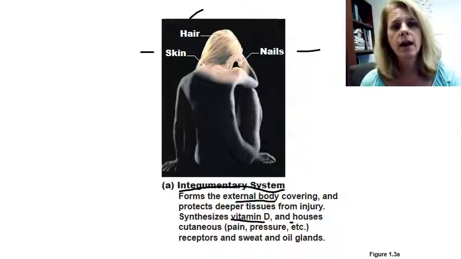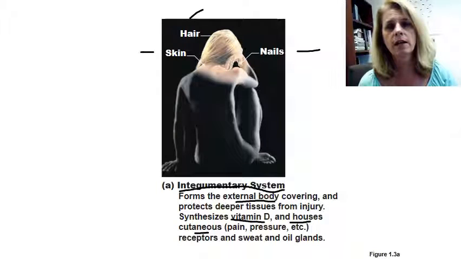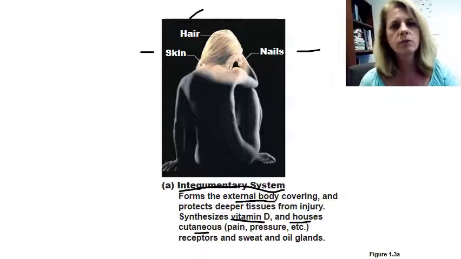It also houses what are called cutaneous receptors. And when you think about cutaneous, that usually means skin. That's another word that means skin, like a subcutaneous injection is something below the skin. It has receptors for pain, pressure. It also has sweat and oil glands.